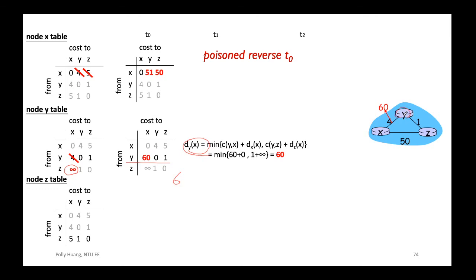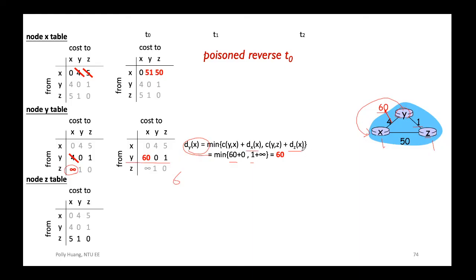From Y to X, there are two possible neighbors, X and Z. The link cost to the first neighbor and the link cost to the second neighbor are 60 and 1. And then from the first neighbor X to destination X, dxx, and from the second neighbor Z to the destination X, dzx.